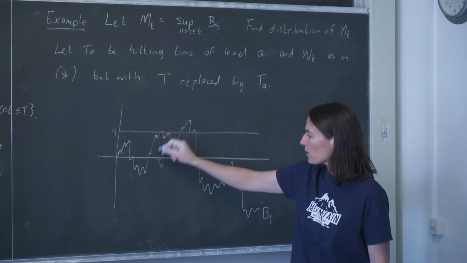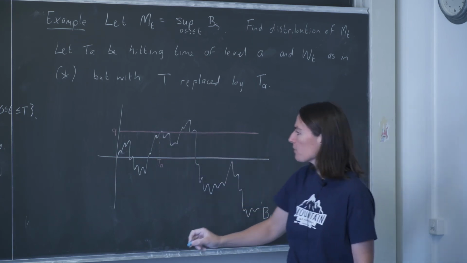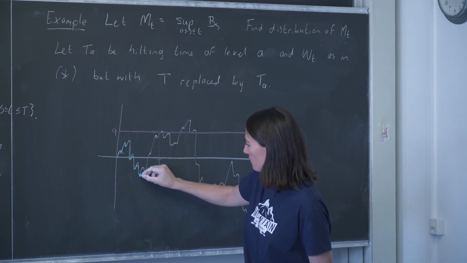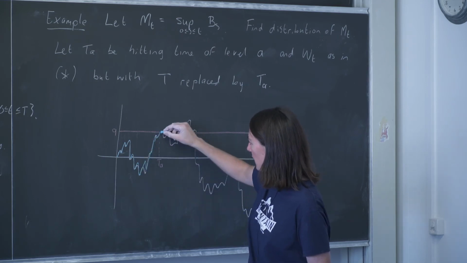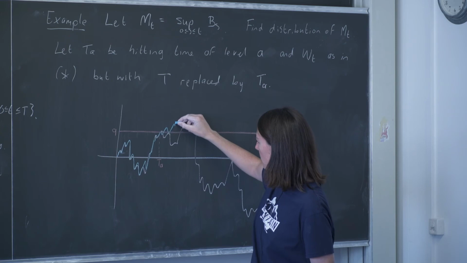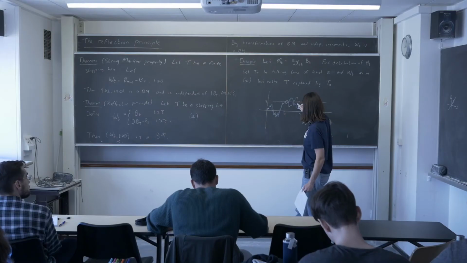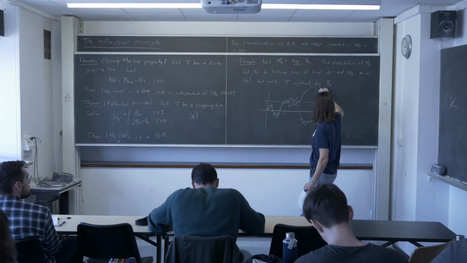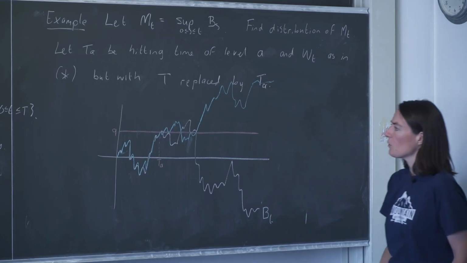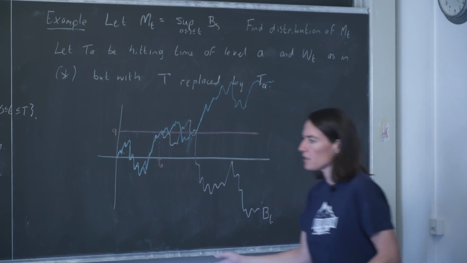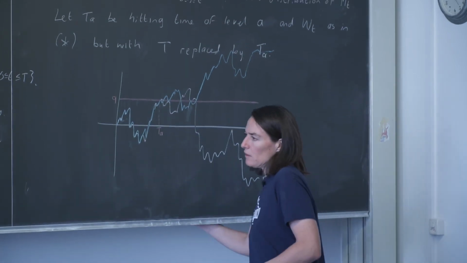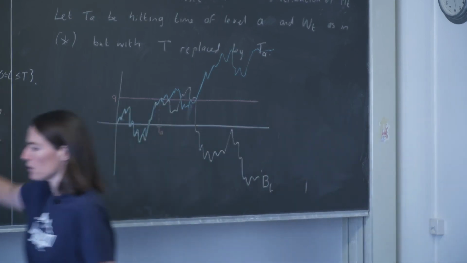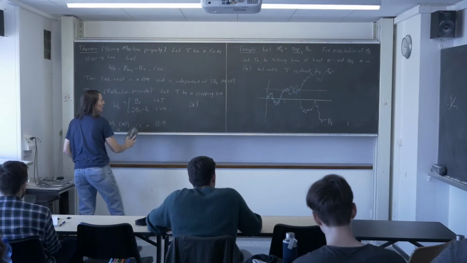I couldn't work out where this was without drawing the random path. Well, then what is W? W agrees with B up until this point, and then it reflects. So we've got the reflected process there. I'll show how we can do this, maybe on this board so that we can keep that picture here.